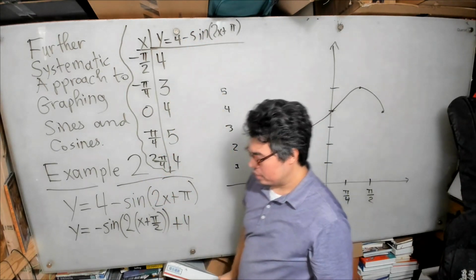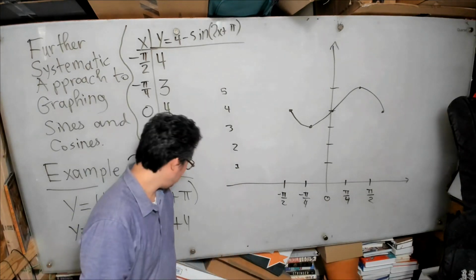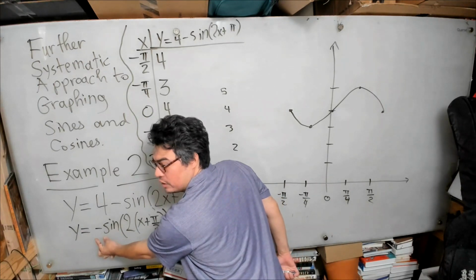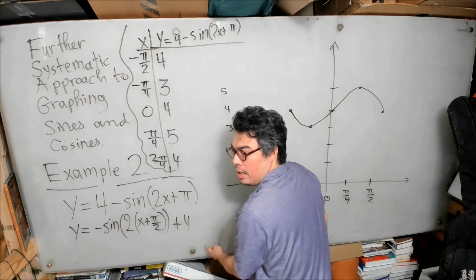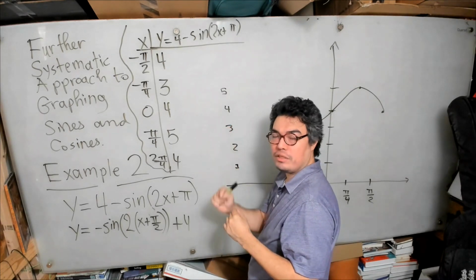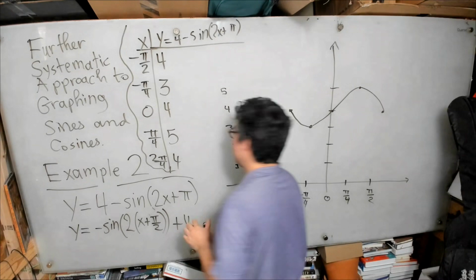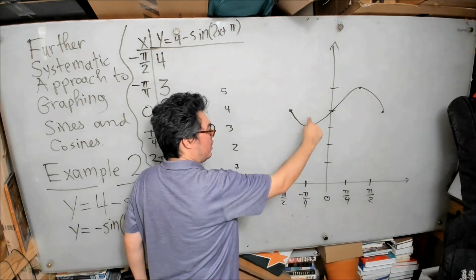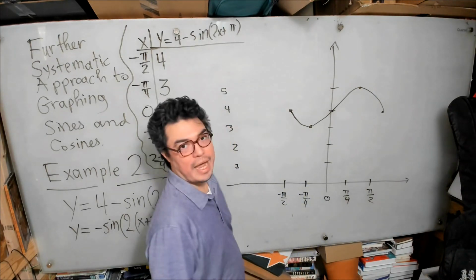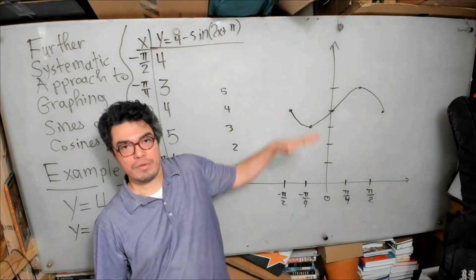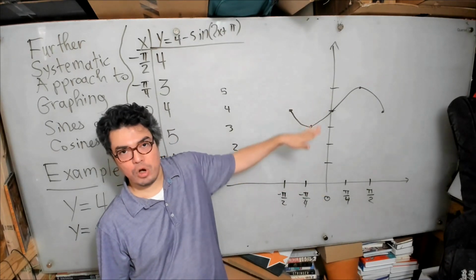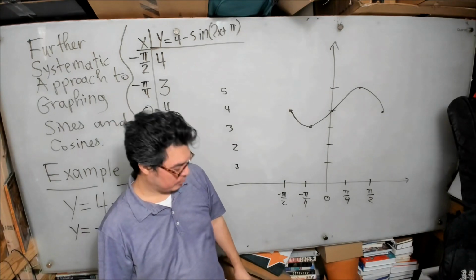And here you can see the amplitude, as we discussed earlier, of this function is going to be 1. That's going to tell us the maximum deviation from the axis of oscillation to the graph itself. You can see that occurs here, and it's 1 down, and here, 1 up, you see? So that's what the amplitude represents: how far from the axis of oscillation the graph goes in either direction.